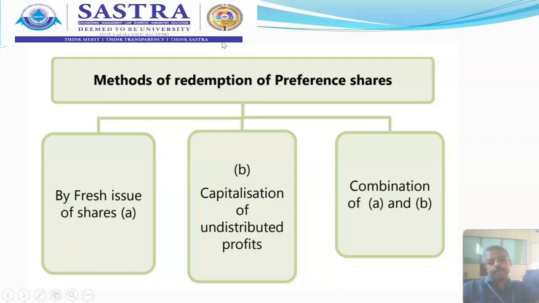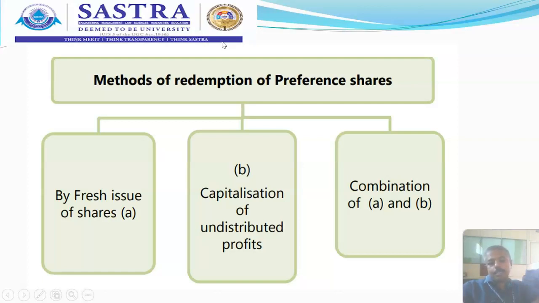Section 55 of the Companies Act 2013 deals with the provisions relating to redemption of preference shares. It also ensures that there is no reduction in shareholders' funds due to the redemption, and thus the interest of outsiders is not affected because of the redemption.